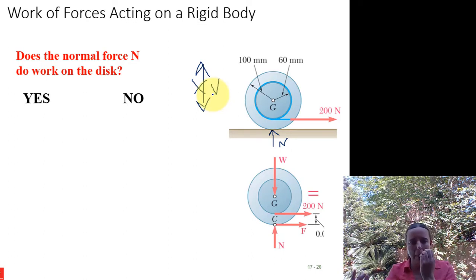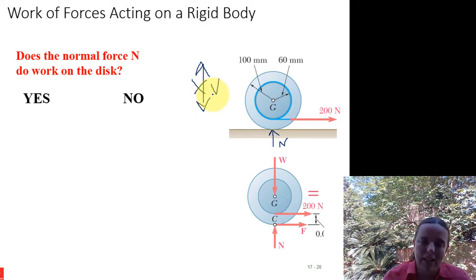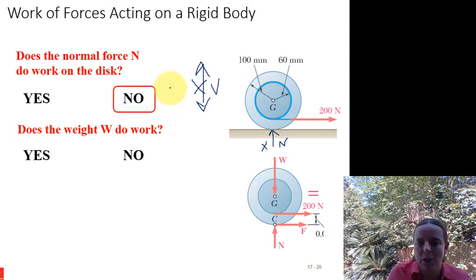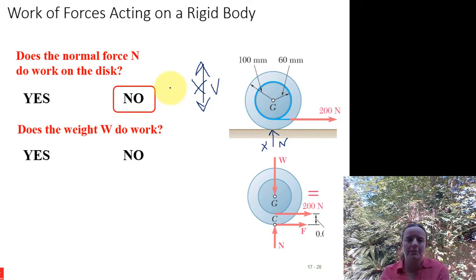It's not moving up and down, it's moving sideways. Because it's not moving up and down, that dot product won't work. So there's no work done by the normal force because it's not changing the velocity. That force isn't moving it.